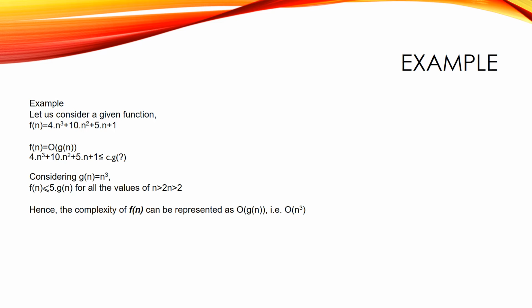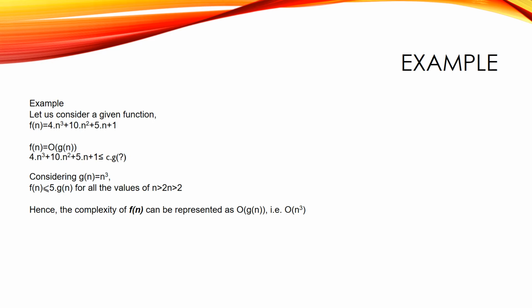Now in 4n cube plus 10n square plus 5n plus 1, check which one of these values is a big term. Out of n cube and n square, n cube is dominating. So the value of Gn is n cube.